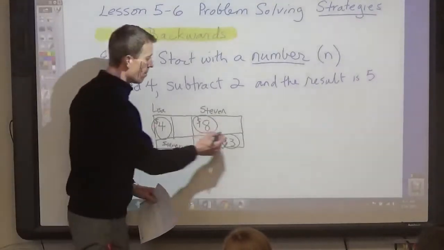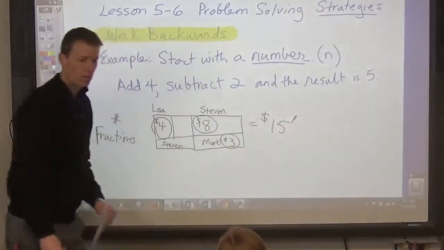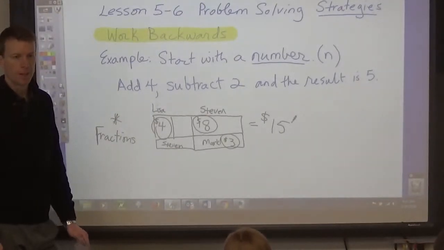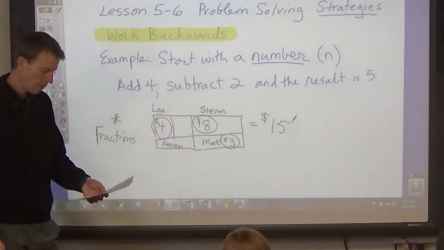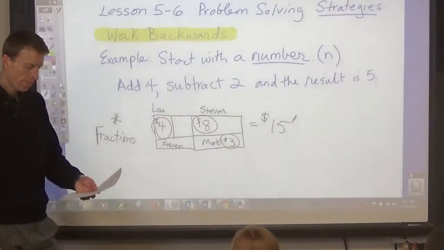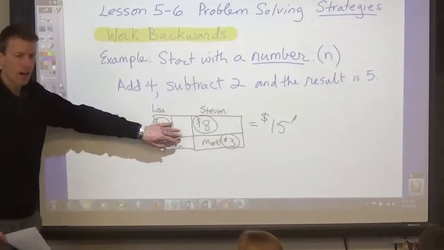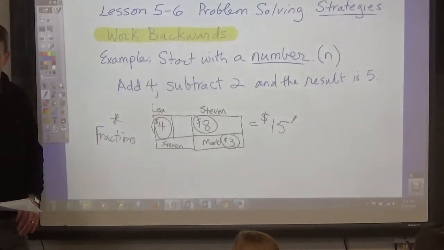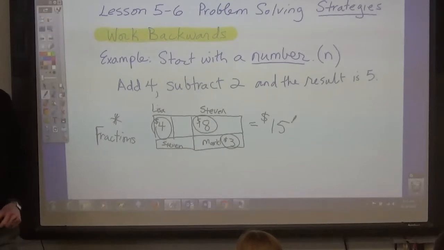And so those amounts equal $15. That's the total price of the pizza. Questions on that one? So again, using this model for fractions to figure out how much each one is paying.